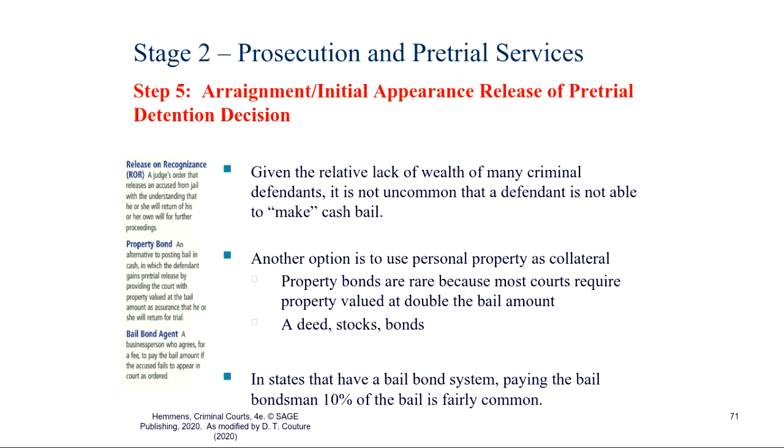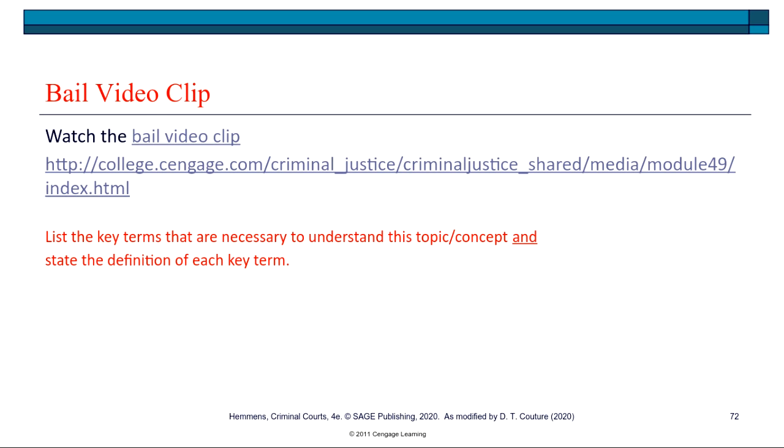It's not unusual for defendants not to be able to make bail, particularly in a cash bail state like Massachusetts. Not unusual at all. And for that reason, we'll pick up next time on slide 72, looking at the bail bond video and understanding the consequences, very serious and significant consequences.